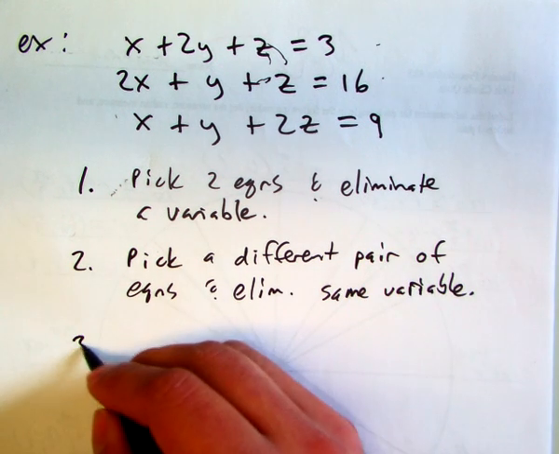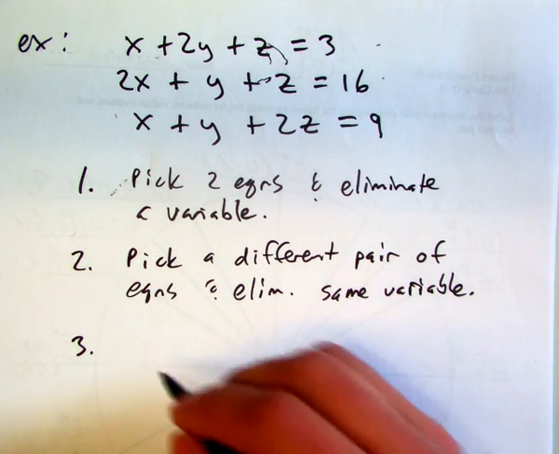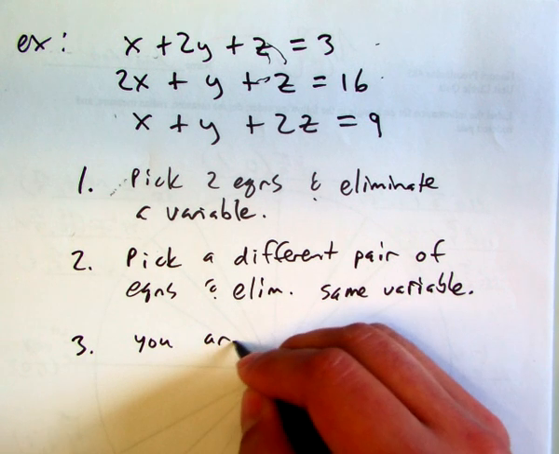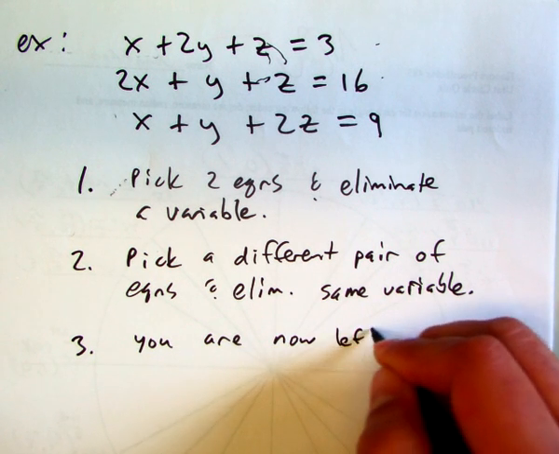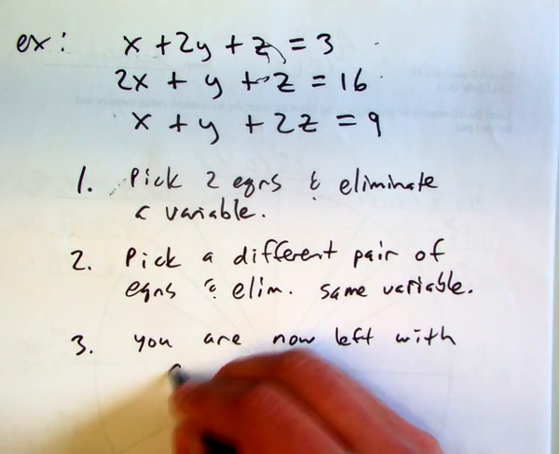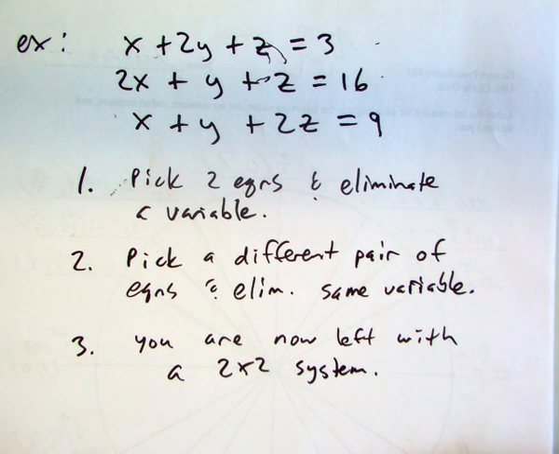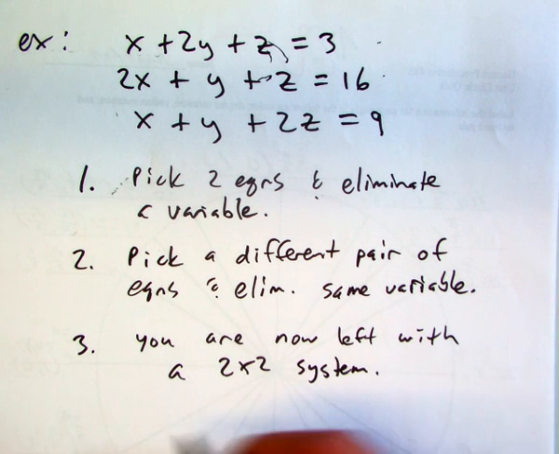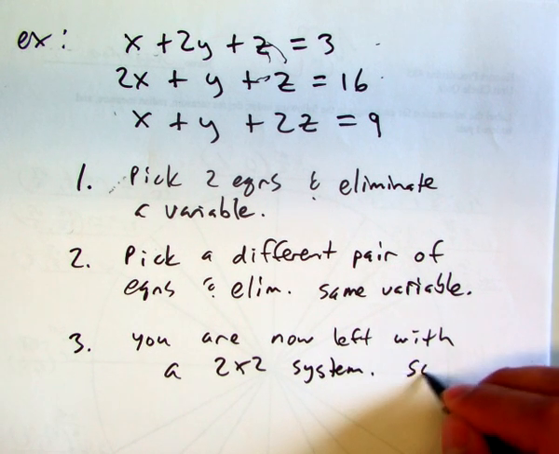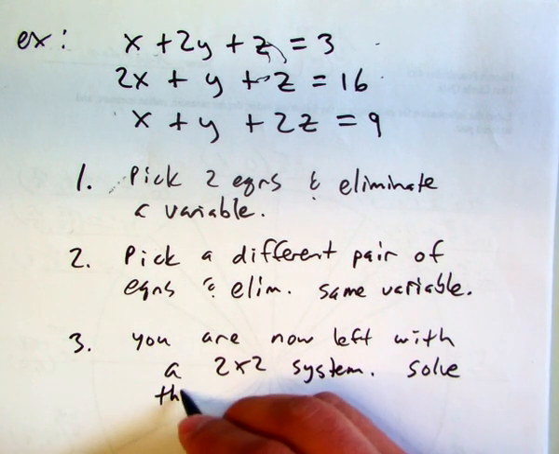3. After you do these 2 steps, you are now left with a 2x2 system, because you'll have 2 equations with x's and y's in it. So solve this one as usual.